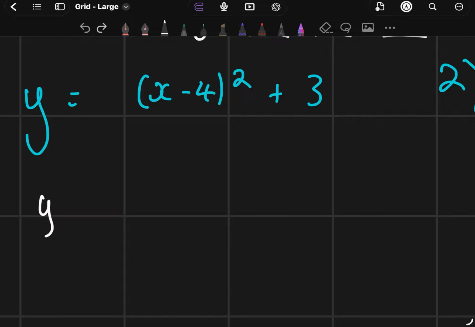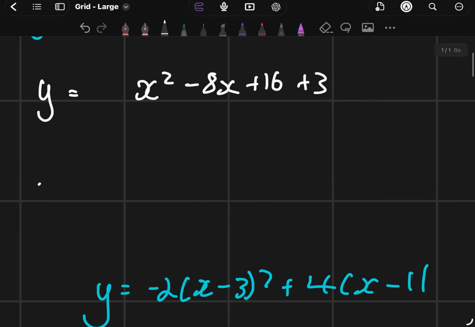We can use the perfect square trinomial, and this gets us x squared, then negative 4 times 2 times x, which is negative 8x, and then we take the square, which is plus 16, plus 3. That gets us y equals x squared minus 8x plus 19.